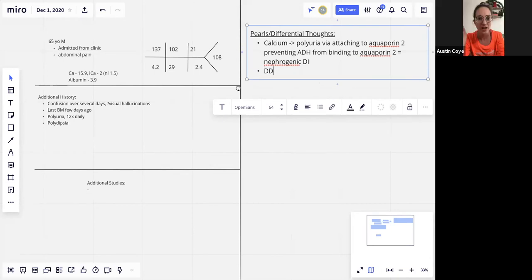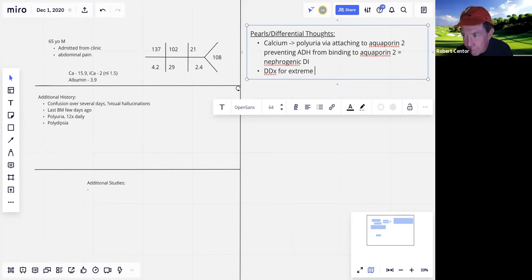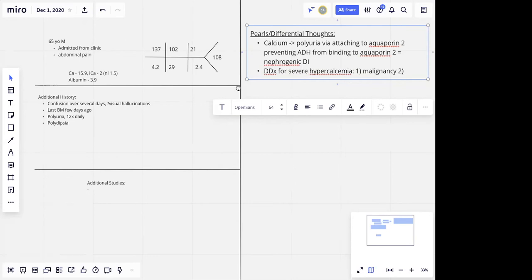I feel like the dogma is always like outpatient, it's primary hyperparathyroidism, and inpatient it's malignancy. So malignancy is 100% right, Austin. That's great. Hyperparathyroidism can present like this if it's undiagnosed. And the third one, somebody actually did mention in the chat, and I've seen this 2 or 3 times. Milk alkali.